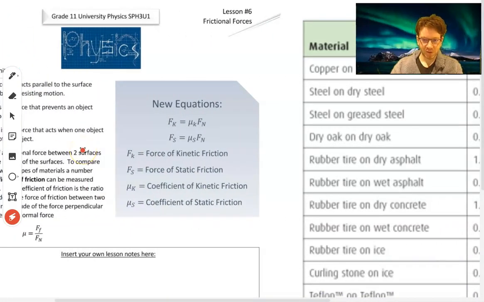All right, something else I want to mention about these equations: you'll notice that I didn't put vector signs on the forces. That wasn't a mistake. There should not be vector signs on that. If there were, there would be something seriously wrong, because the normal force is always perpendicular to the surface in contact, and friction is always parallel to the surface in contact.